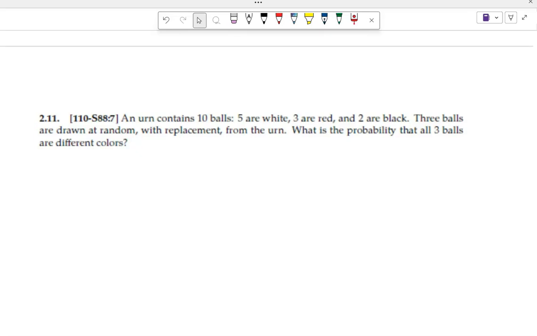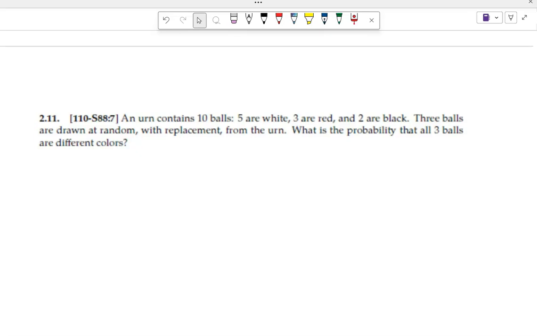All right, so this one's a little bit different because rather than having two different sets of things, we have three different sets of things, right? So let's first worry about how many ways there are to pick. Oh, actually, this is with replacement.